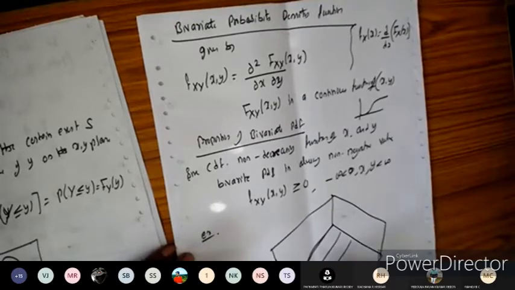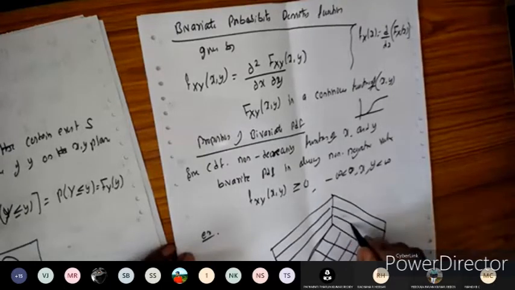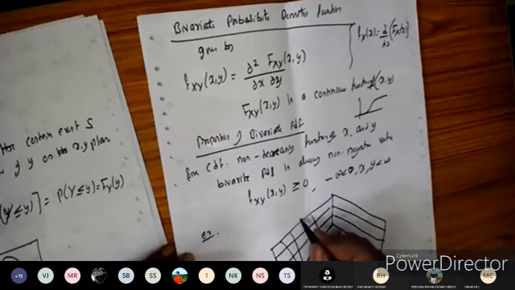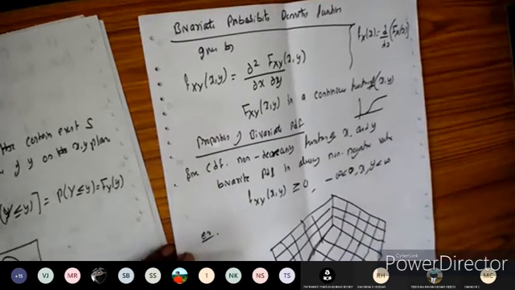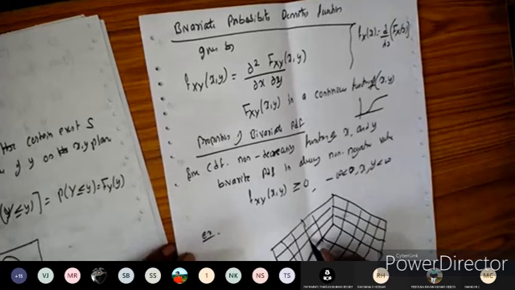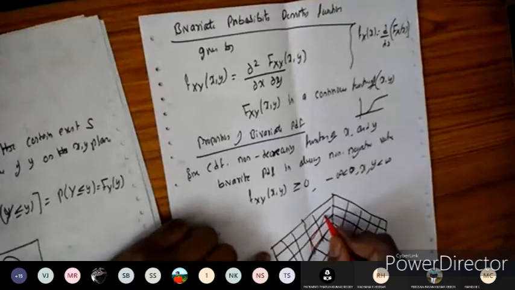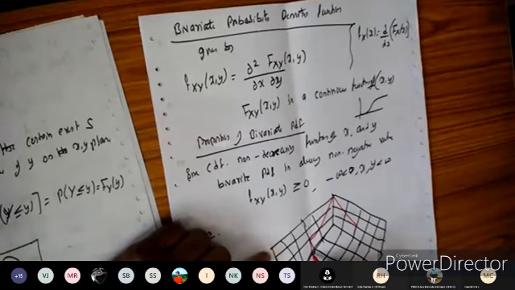Let us draw lines parallel to this one, and similarly these parallel lines here, so that we get the three-dimensional graph view. So the bivariate CDF can be plotted like this. This is one example.